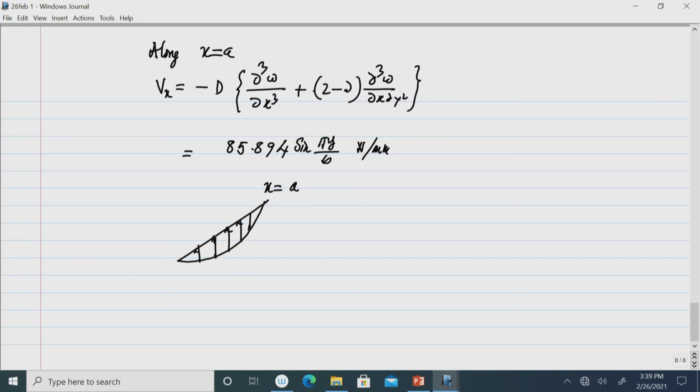So, the problem is solved because we know the deflected function of the plate due to concentrated load. Using this deflected function and taking derivatives up to the third derivative, we can then obtain the S shear along any edges. Okay. So, thank you very much.